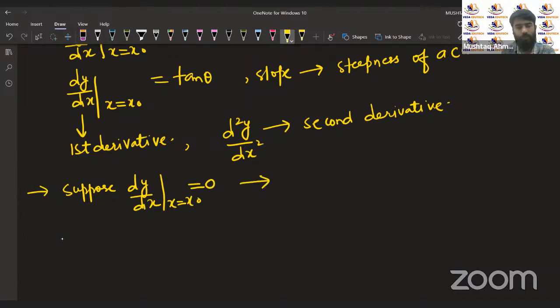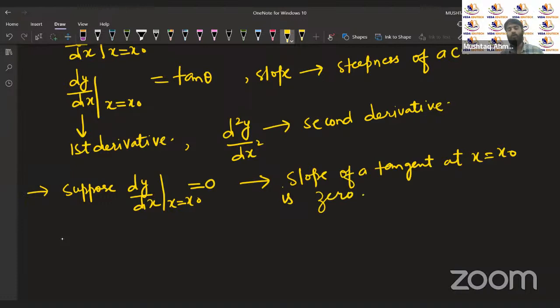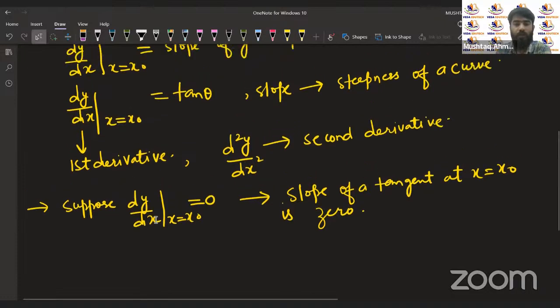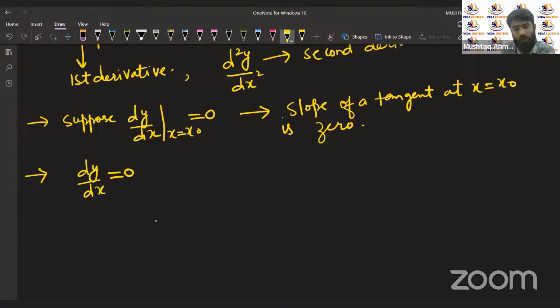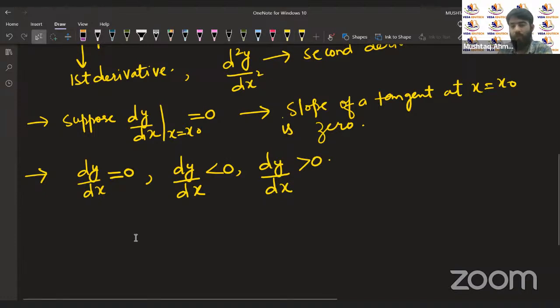We can say that the slope of the tangent at that particular point on the curve is 0. That means the tangent is actually making an angle equal to 0 with the positive x-axis. The slope at a point can be 0, it can be negative, and it can also be positive.